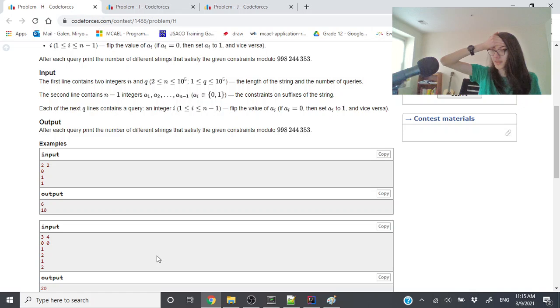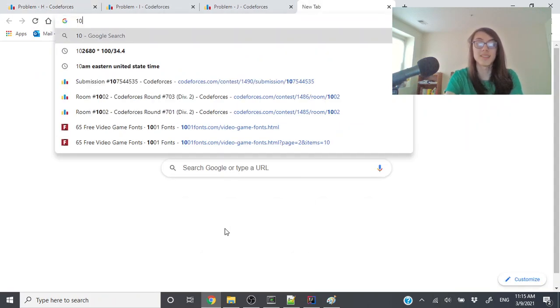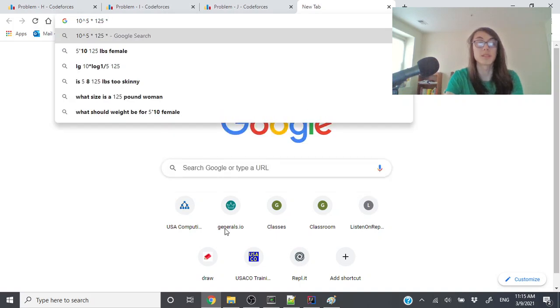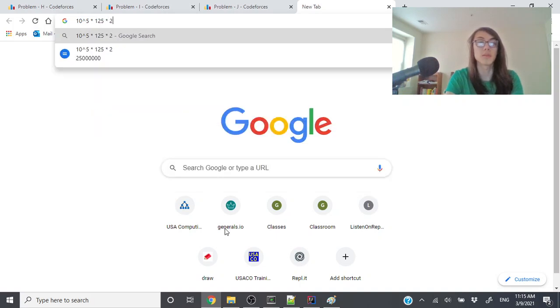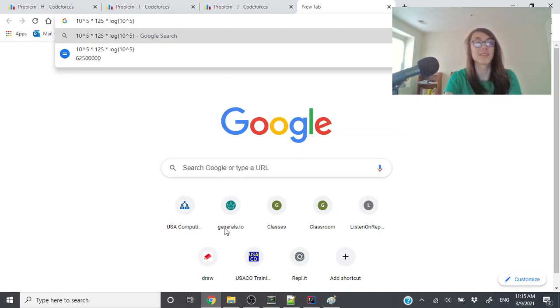So like we build a transition matrix, and we combine them. So it's 10 to the 5th times 125 times log 10 to the 5th.